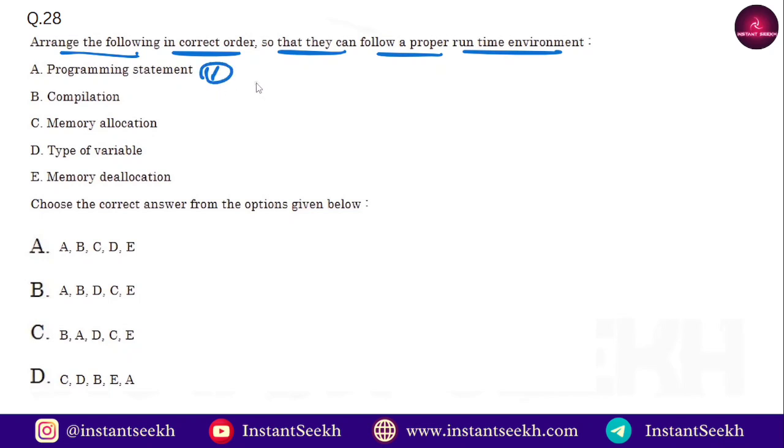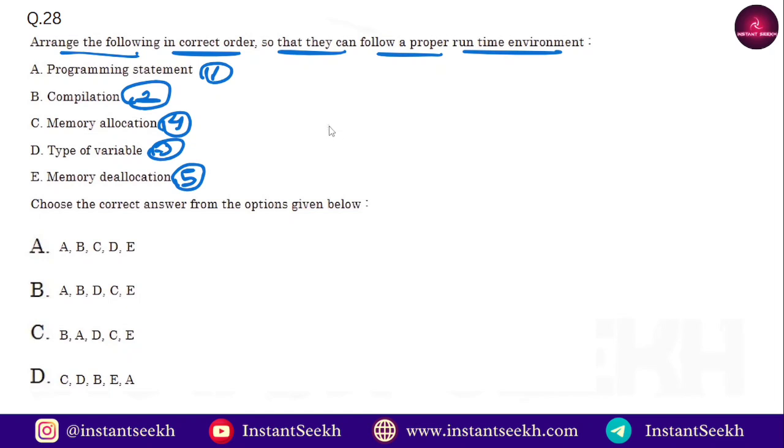Proper run flow: we start with a certain programming statement, then we do the compilation, right? Then we have identification of the type of variable, and accordingly memory allocation, that is option C, and after that memory deallocation.